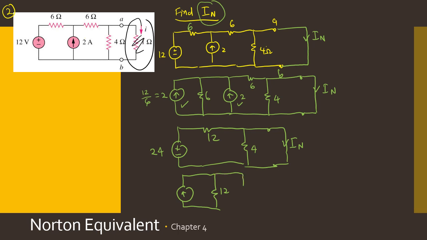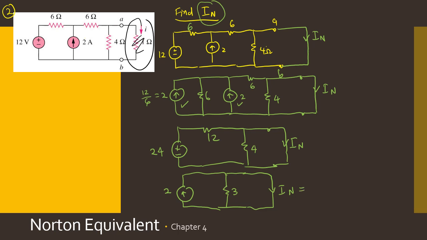Have 12 here, and then 4 with a current source here, and the current source value is 2. 24 divided by 12, and then these 12 and 4 they are in parallel. You can combine using parallel rules. You get 3 here. Okay, so what is IN?